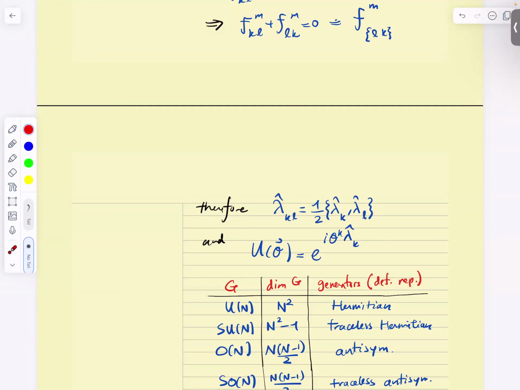However, if you multiply each of these guys with i's, you're going to end up with an extra i here. Now that matters. Why does that matter?